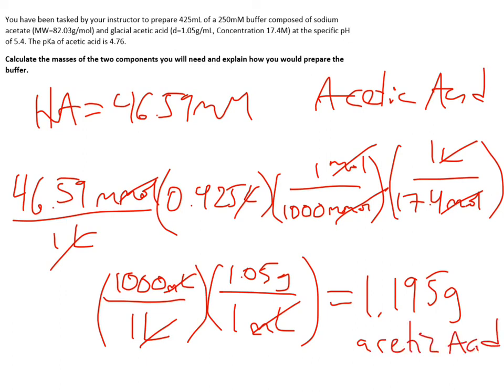Okay, so that is going to be our solution to that. We had 7.09 grams of sodium acetate and 1.19 grams of acetic acid. This same process is going to work for any buffer you're trying to make, as long as you're picking the right pKa. So it'll be easy.